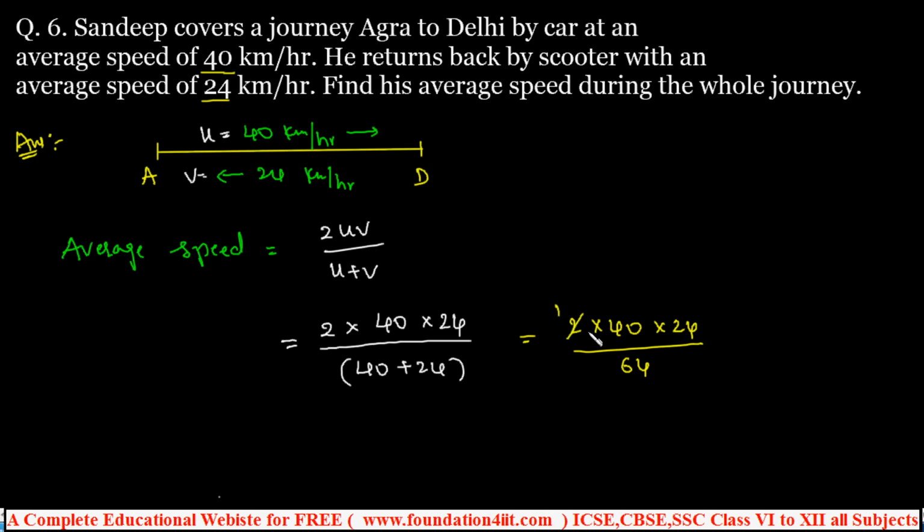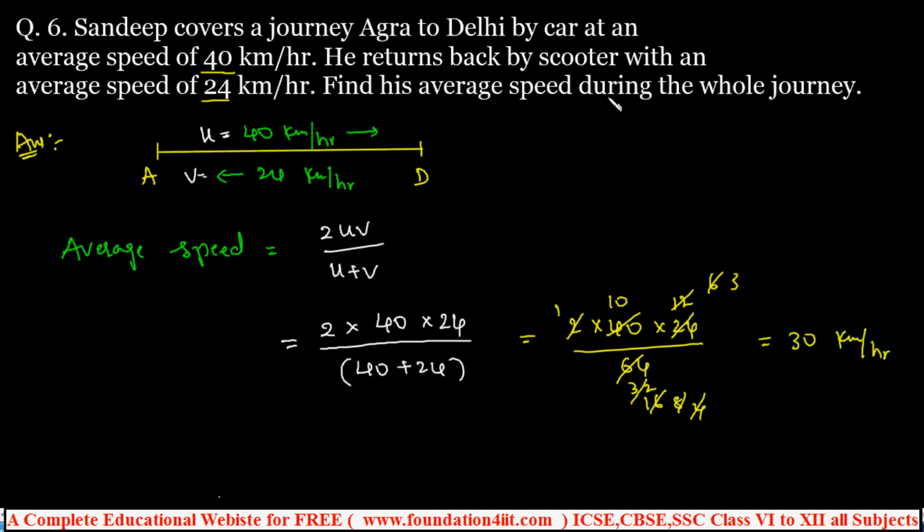You can cancel and do this. 32, again 12 and 16, same cancellation, 6, 8, 3, 4. So directly go for cancellation, it's easy. 30 kilometers per hour.